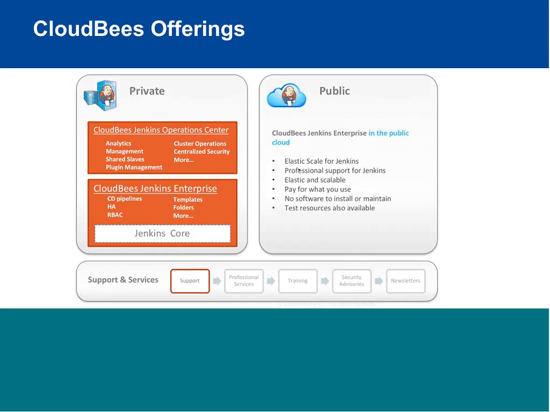And we offer CloudBees Jenkins Enterprise Edition, which gives you key enterprise features for establishing and managing your CD pipelines at scale. We also offer a cloud-based or public instance of Jenkins Enterprise, which allows you to quickly adopt Jenkins and rapidly and elastically scale it as needed.